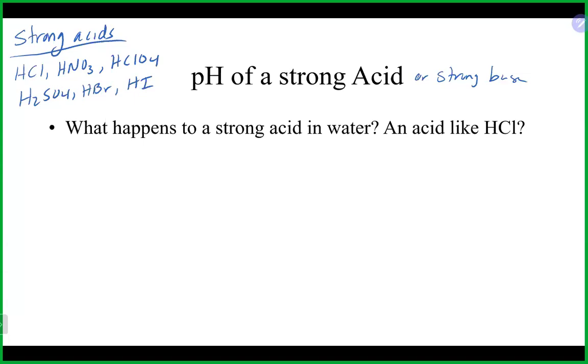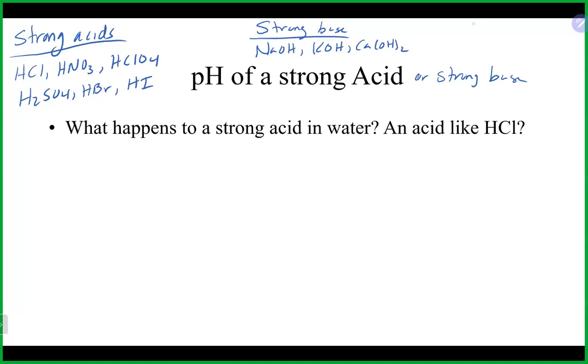Strong bases, on the other hand, typically have hydroxide in them. So a lot of strong bases have hydroxide, like sodium hydroxide, potassium hydroxide, calcium hydroxide, and so forth.